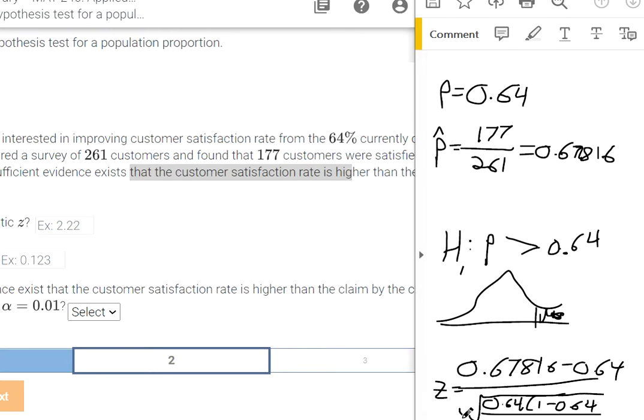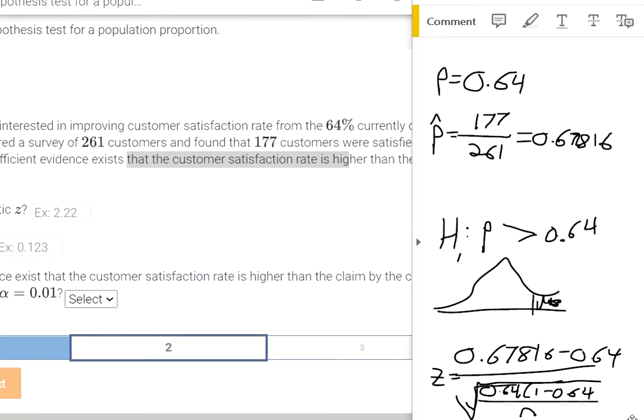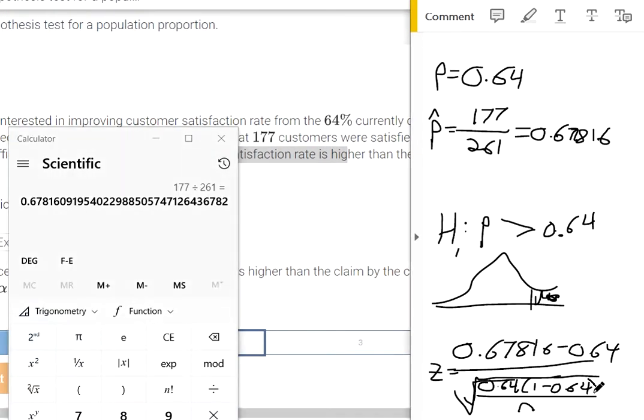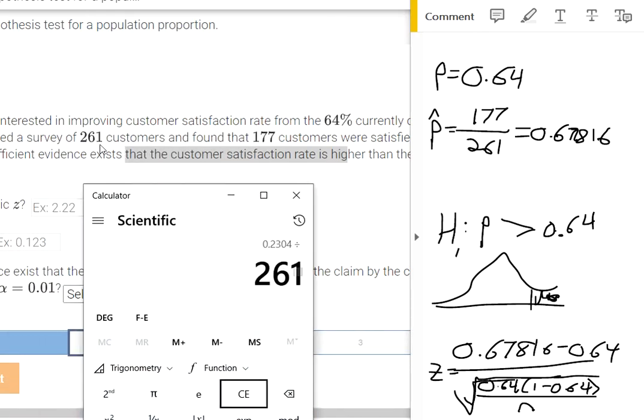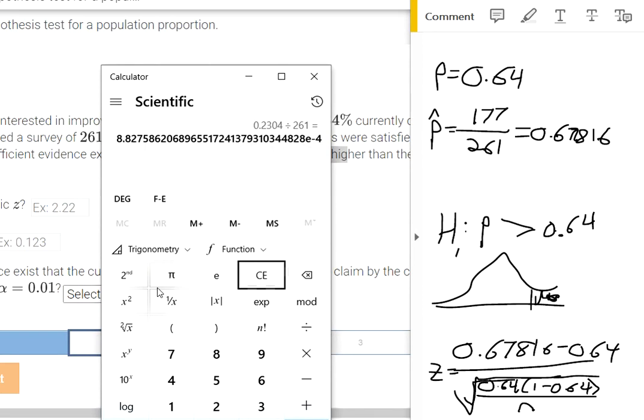That n is inside the square root here, so watch out for that. Doing it all at once in the calculator, I'm going to do 1 minus 0.64 in the denominator first, then times 0.64, then divide by 261 for n. Then I'm going to apply a square root.